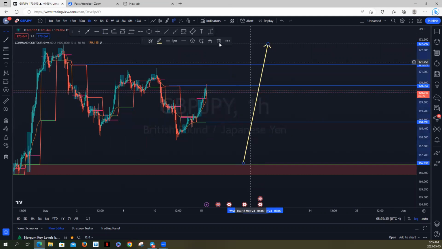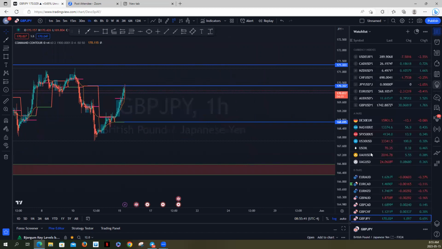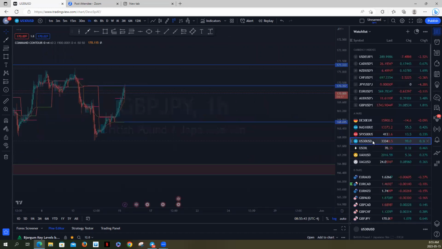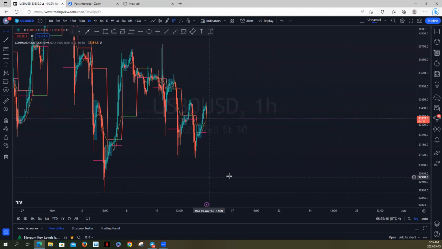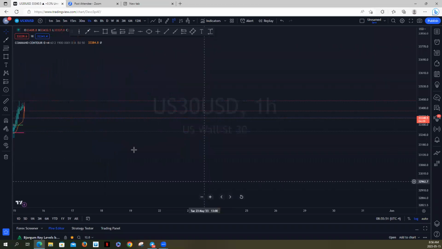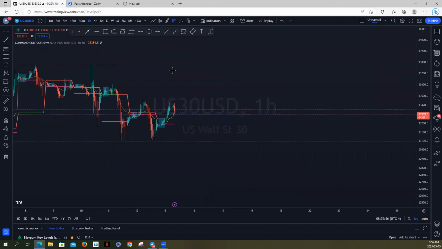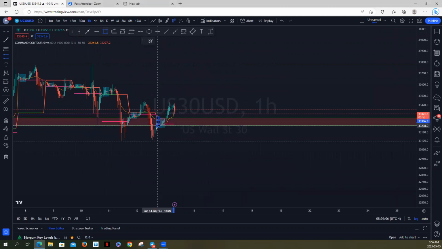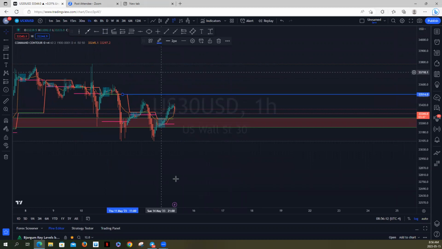Okay, I'll go to another chart. Let's go to, say, US 30, for example. So one of the things you can do to make it very simple, the easiest way to use it, step one, you can mark the ZAP zone, then mark the command contour levels above and below that zone.